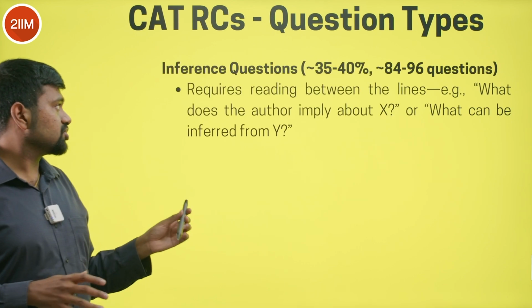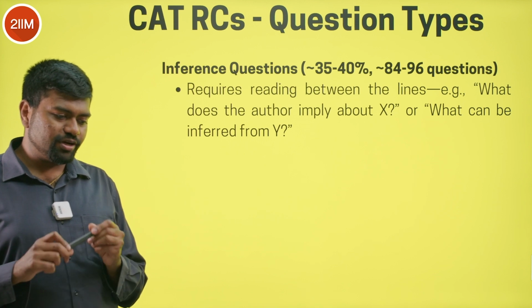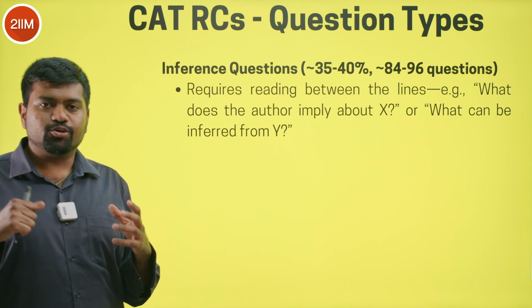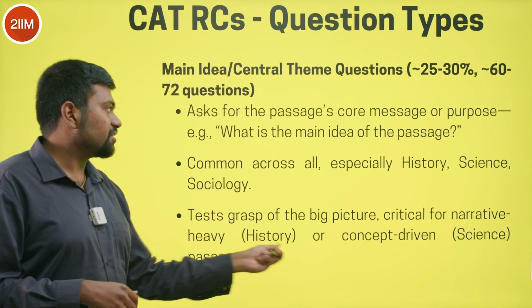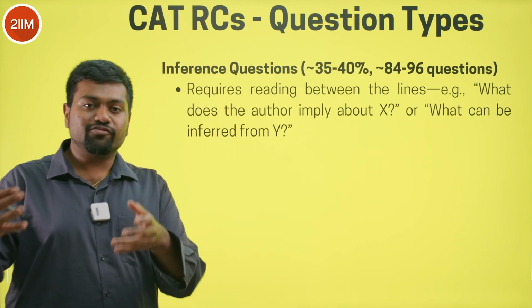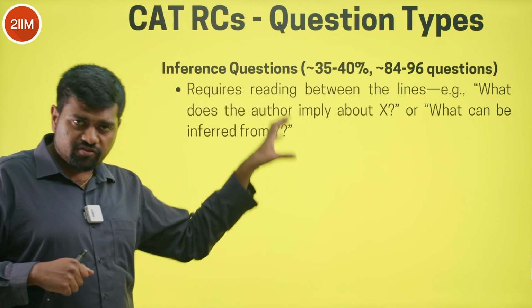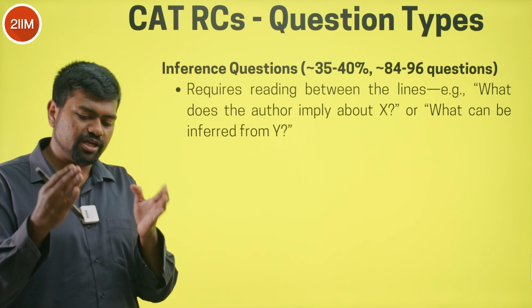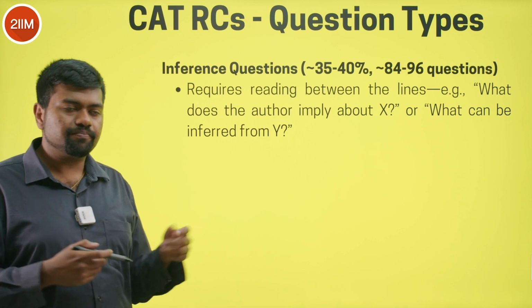Next comes inference, and from a purely academic perspective, you can argue that main idea is in a way inference, because main idea is nothing but what you're inferring from the passage. Although we've tried to be very strict with our classification, where we have said, okay, listen, main idea is not inference, the key skill is the same.